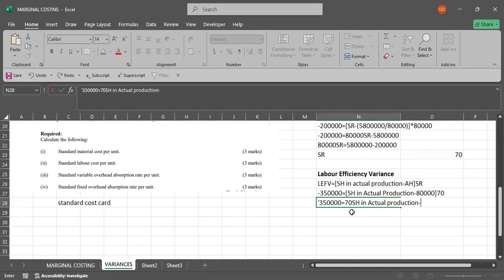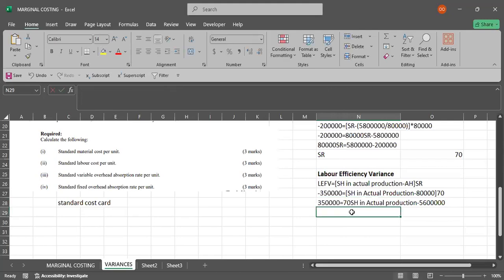What are you getting? 80,000 by 70. That should be 5,600,000. So we've been able to break the bracket, right?